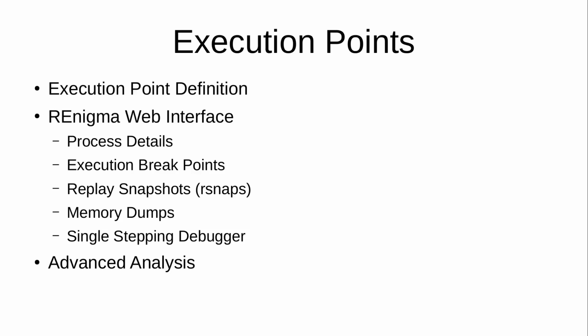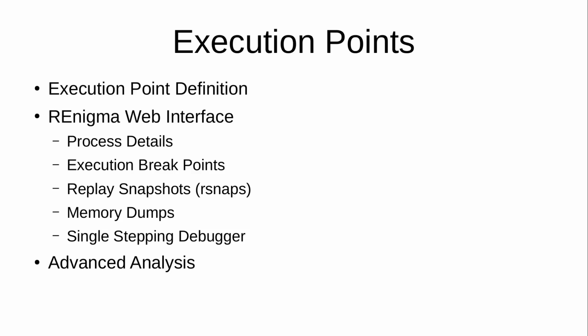These execution points can then be used in a variety of ways to drill down further into the malware. Execution breakpoints allow you to replay up to a precise execution point and then pause replay. This lets you perform a variety of actions.